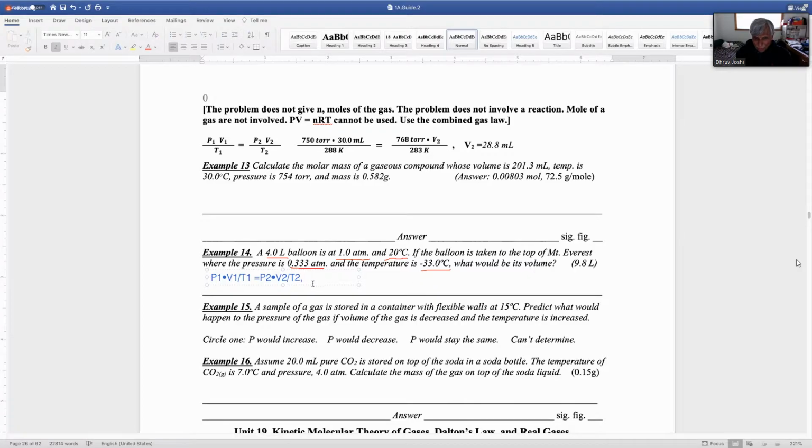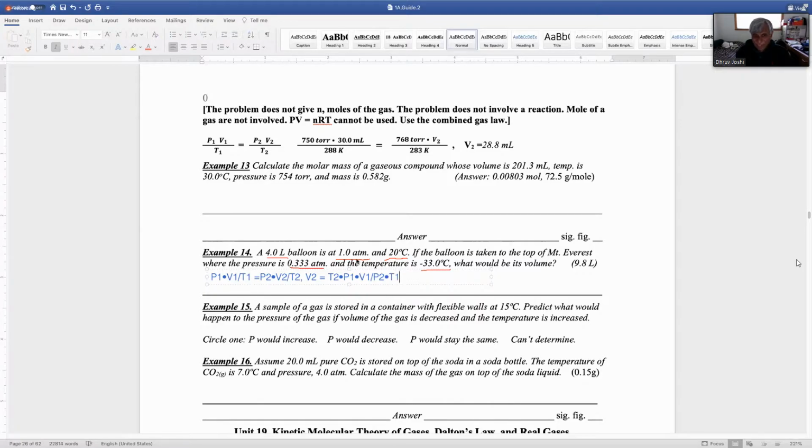The volume is unknown, so this V2 is unknown. So you are going to either write down everything and do your calculation, or you're going to say V2 equals, then take everything else on the other side: T2 multiplied by P1 multiplied by V1, divided by P2 multiplied by T1.